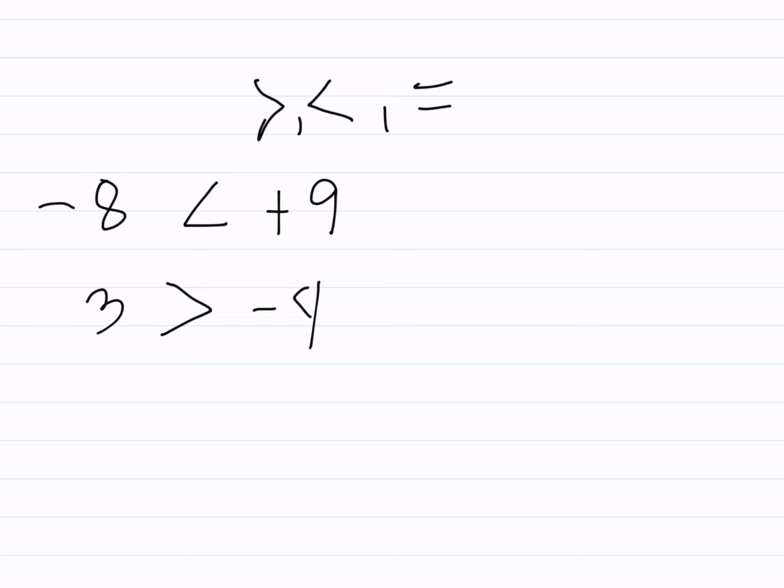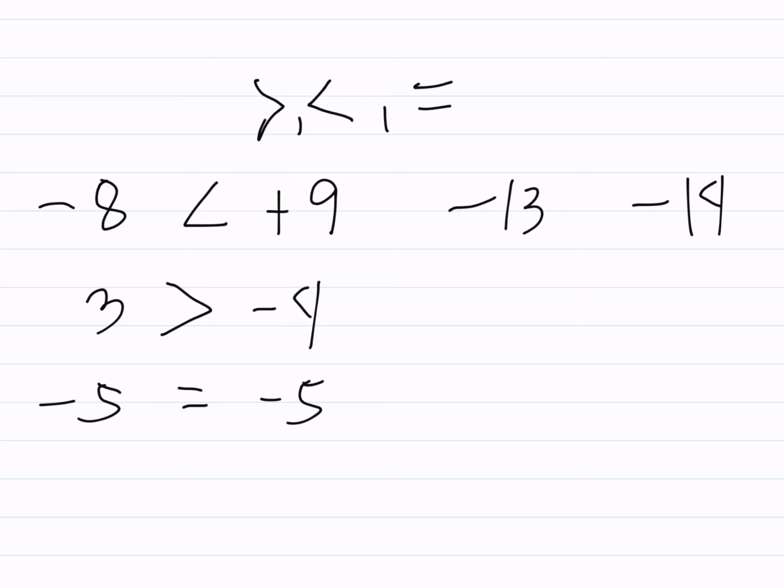And how about negative 5 and negative 5? Of course, as you can see, they are both equal, or they are the same. Therefore, we can say that negative 5 is equal to itself, which is negative 5. How about this one? Negative 13 and negative 14.